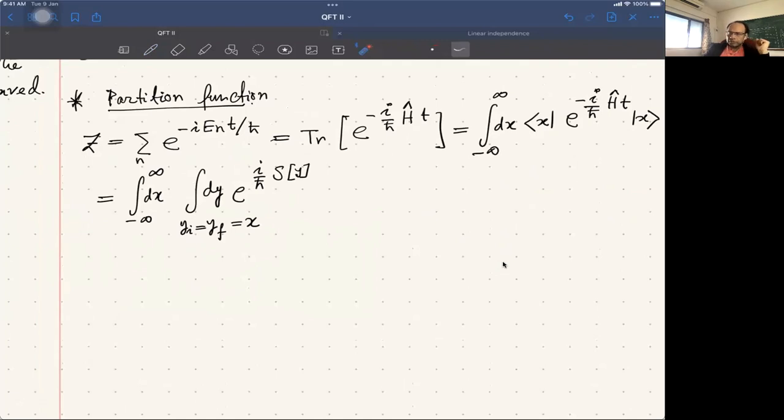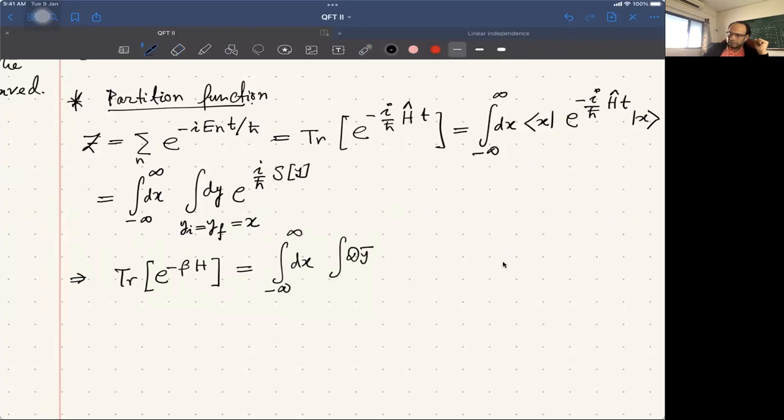The Euclidean version of this is that the trace of e to the power minus beta H can be calculated by using this formula.